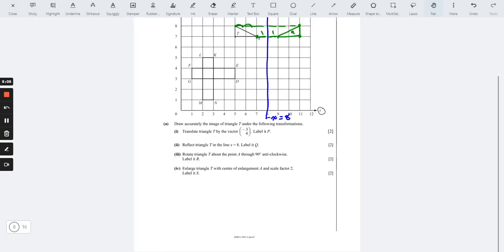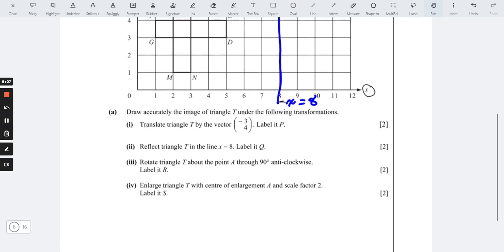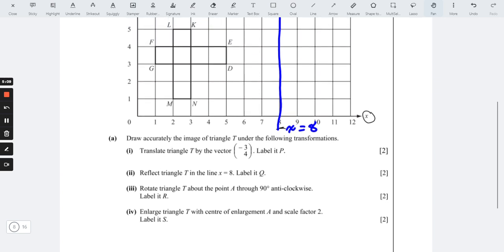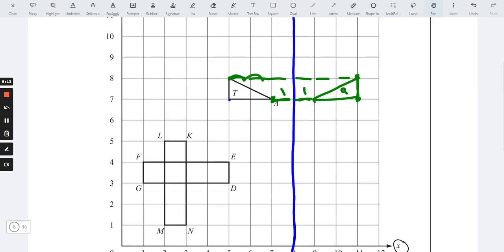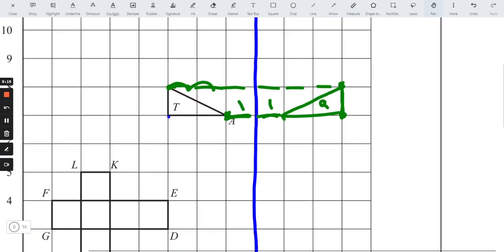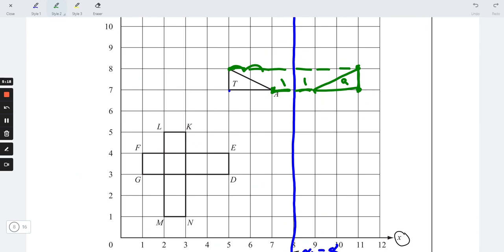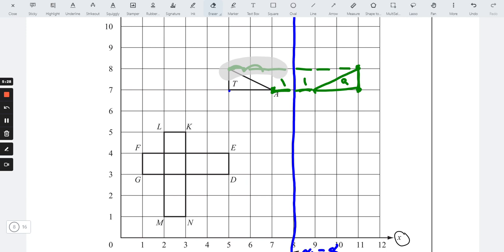Okay, now rotate triangle T about the point A through 90 degrees anti-clockwise, label it R. So the same T, we will rotate it anti-clockwise. In this case, the center of rotation is the point A. So point A will stay in the same place.